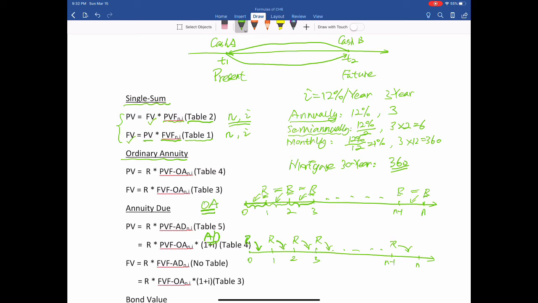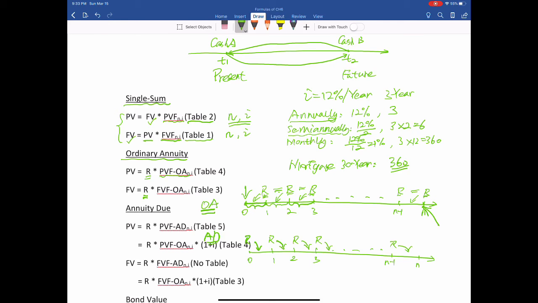Because the rents are the same, we can just use the rent multiplied by the present value factor of the ordinary annuity. Basically we can get the present value of all these cash flows at this point of time. If we calculate future value, we can calculate the future value of these cash flows at this point of time.